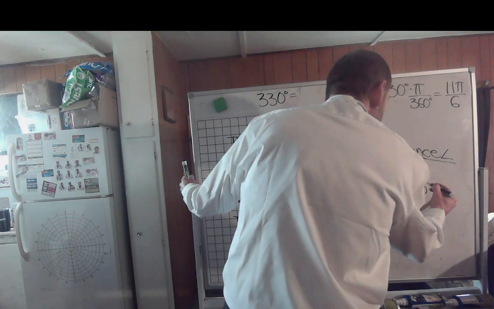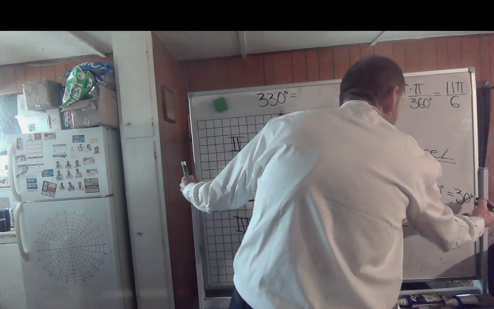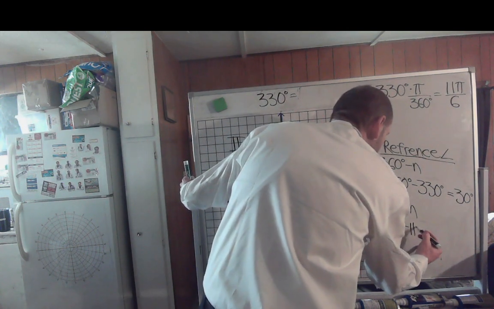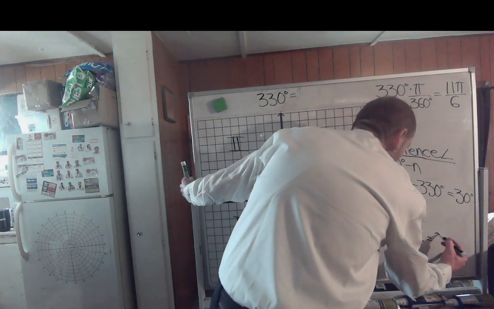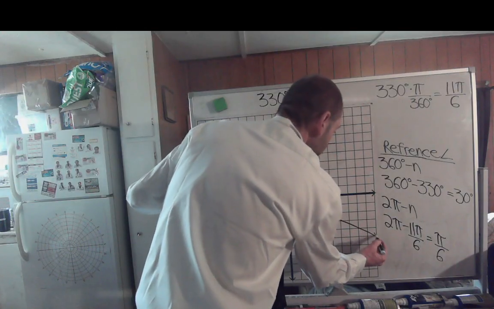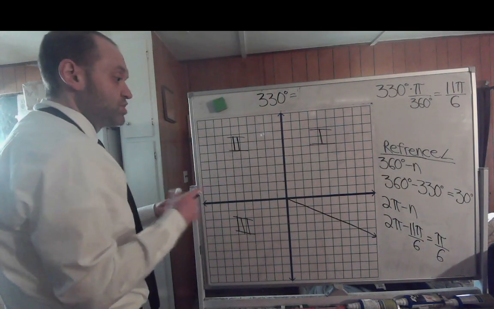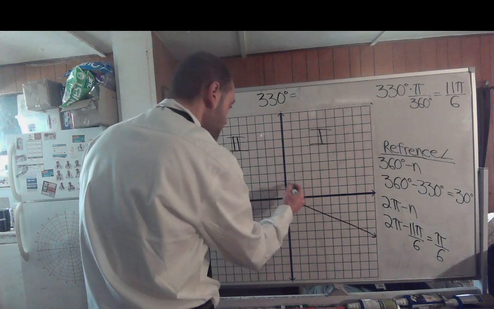So your reference angle is going to be 360 minus 330, which gives you a reference angle of 30 degrees. Or in radians, you would take 2 pi minus 11 pi over 6. That would give you a reference angle of pi over 6. So now we can sketch that. And there is going to be your 330 degree angle.